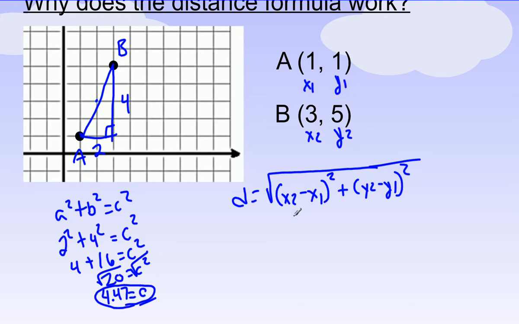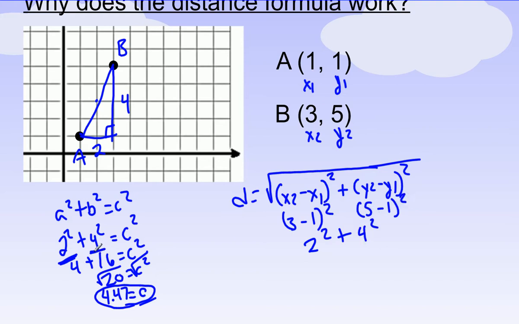What you'd find, well, let's do it. x2 minus x1, so 3 minus 1 squared is 2 squared. That's this 2 squared right here. y2 minus y1, 5 minus 1 is 4 squared.